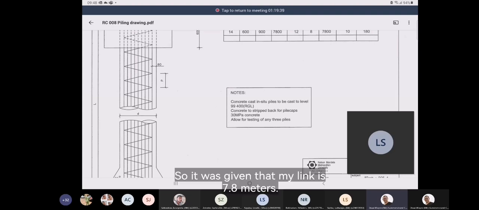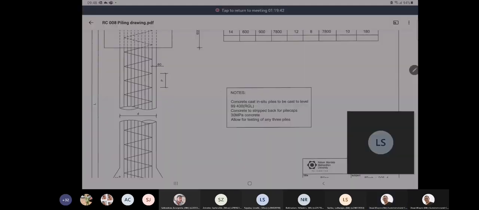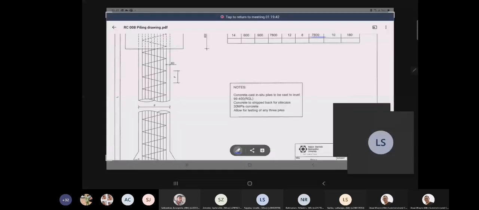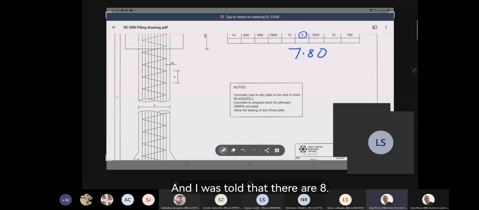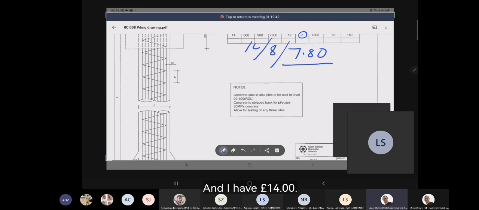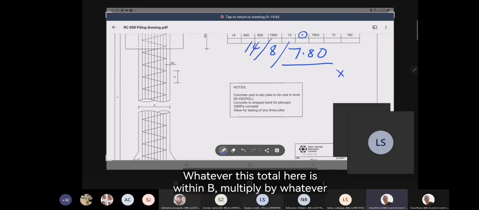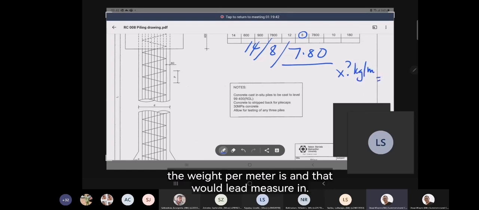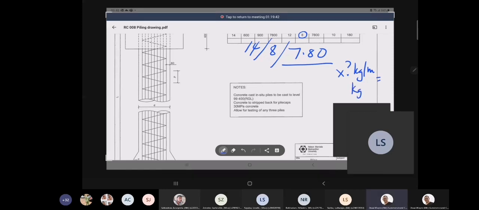So it was given that my length is 7.8 meters, and I was told that there are 8 per pile, so it will be times 8, and I have 14 piles. Whatever this total is would then be multiplied by whatever the weight per meter is, and that we would then measure in kg or in tons. All clear?